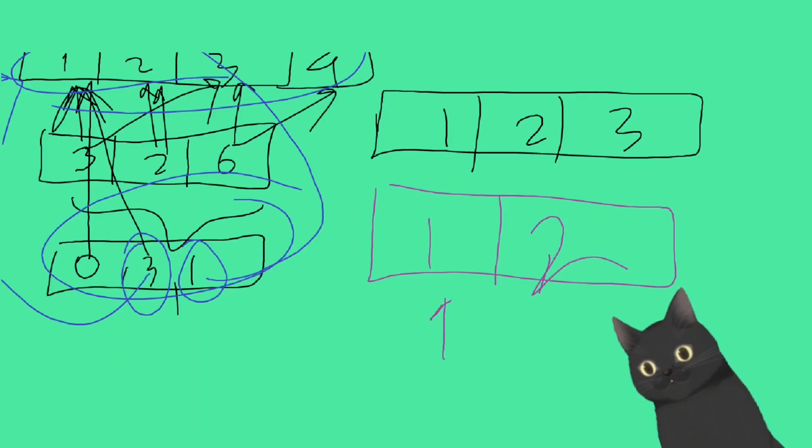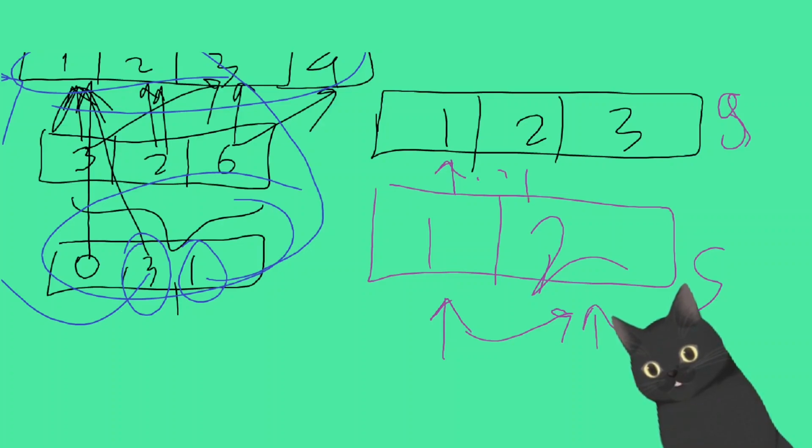There will be one pointer here and one pointer here. If there's a cookie in the S array which satisfies the child, then we'll move this pointer to the next one, and we'll move that pointer to the next one as well. Then we'll move to the next index.